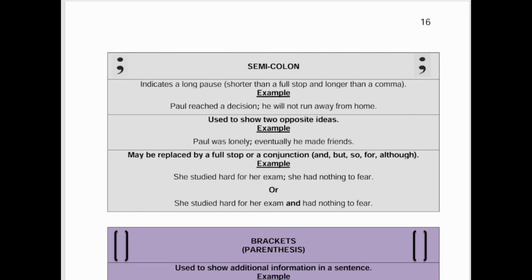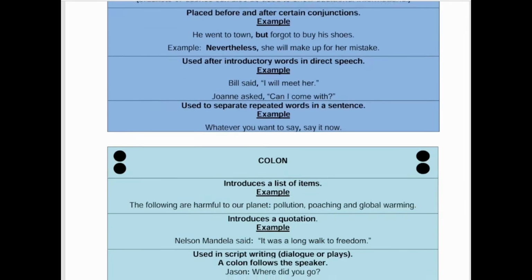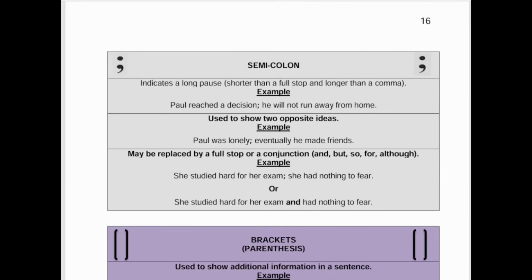Then the example: she studied hard for her exam; she had nothing to fear. You can use a conjunction.